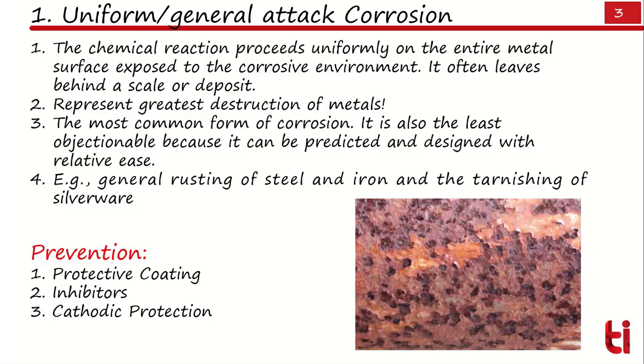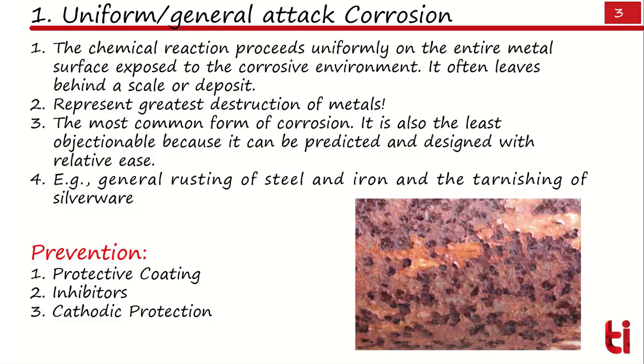So although uniform corrosion is the most common one, most abundant in all metal forms, still it is least objectionable because you can predict it, and once you can predict it, then you can find ways to prevent metals from undergoing uniform corrosion.